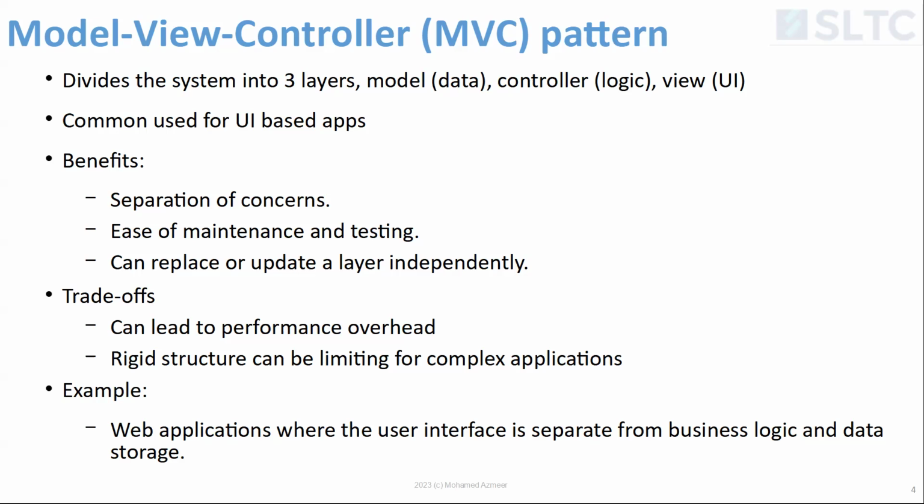So what are some of the benefits? Separation of concerns. That means each layer will be doing one job. That's it. So if something is to be changed, you can change that layer. For example, your view layer can be developed using HTML, CSS, JavaScript, and something like that. Or you can use your view layer developed with Flutter, which can then run on either a browser or your mobile phone, right?